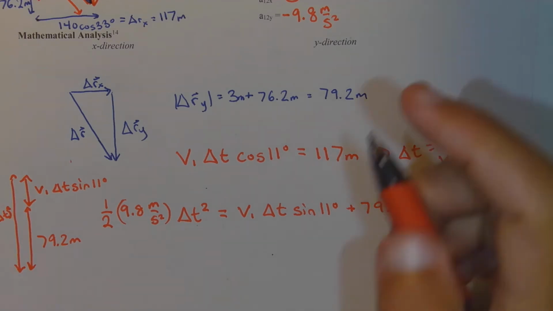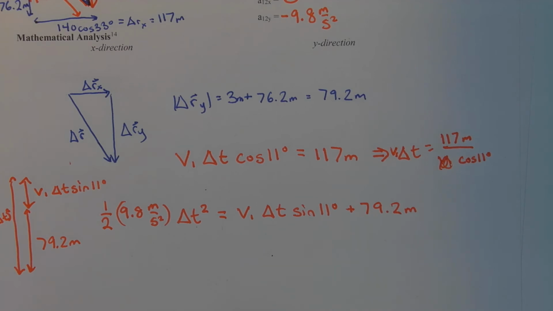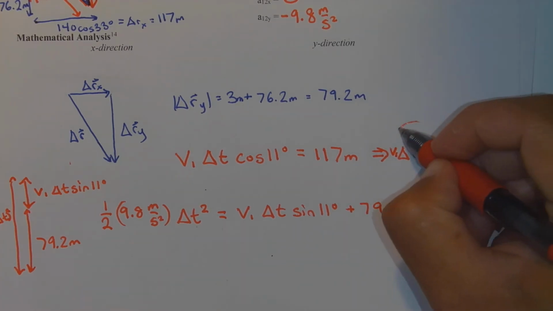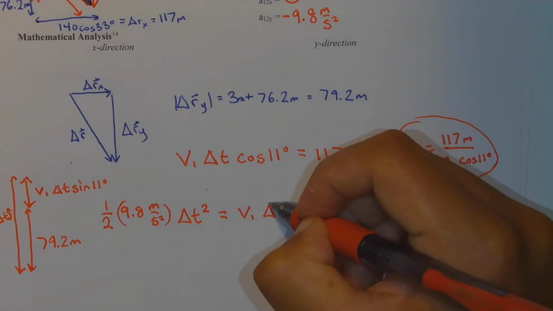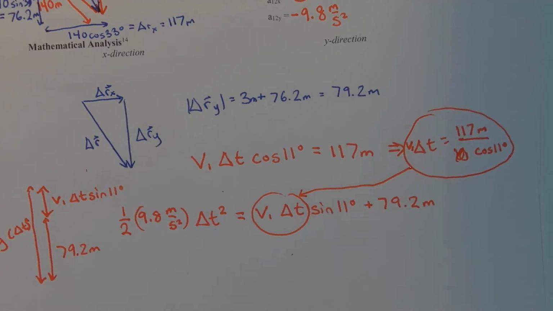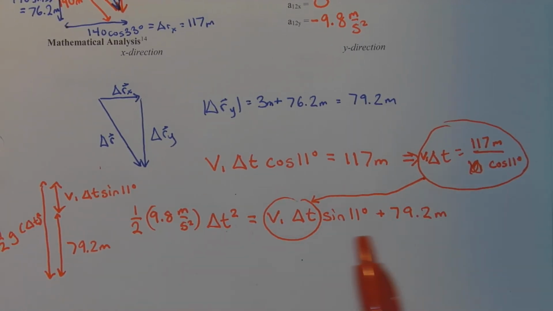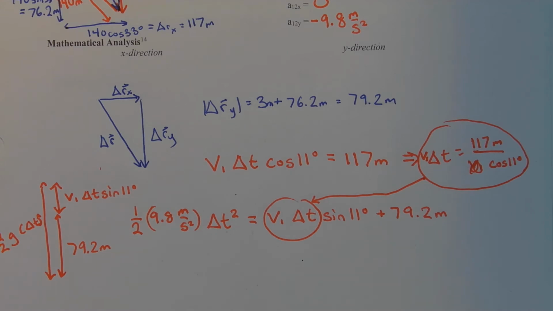Actually, instead of doing that, let's bring the v1 back over to this side. So I have v1 delta t is equal to 117 meters divided by cosine of 11 degrees. Then I can take this v1 times delta t and put it into my equation here for v1 times delta t. And since that's the only place that v1 appears in this equation, now I'll just have one unknown.